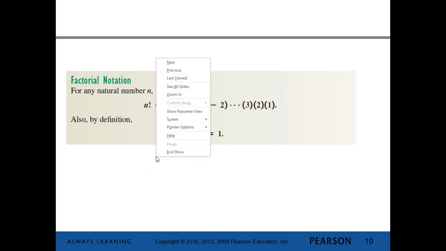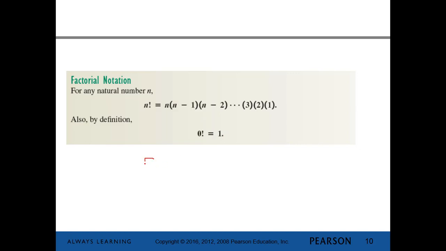Also, one of the other things I want to let you know about is that one of the properties of factorials is that we can write this, right? So we know what this means. This means 5 times 4 times 3 times 2 times 1, right? But we could also rewrite this as 5 times 4 factorial, right?